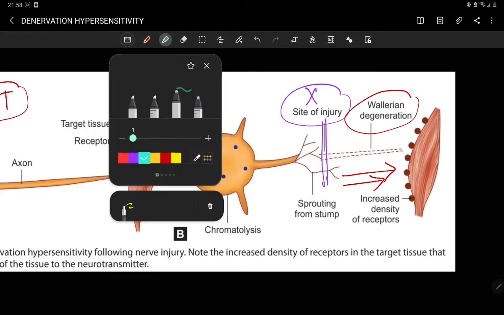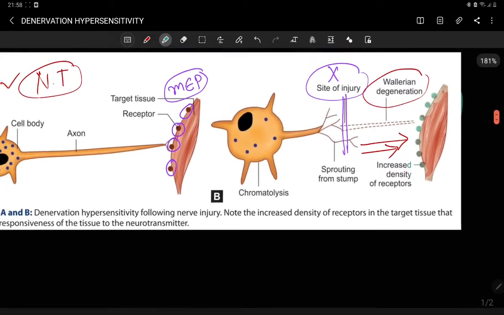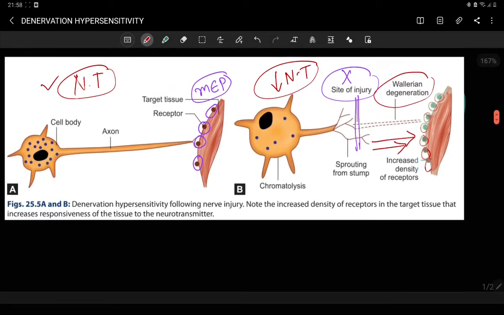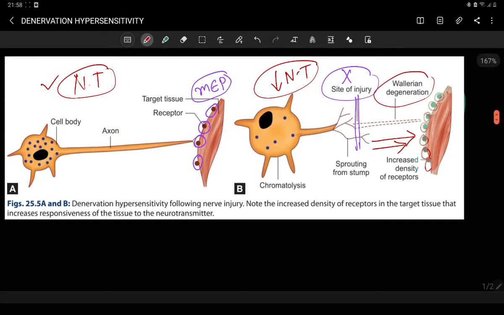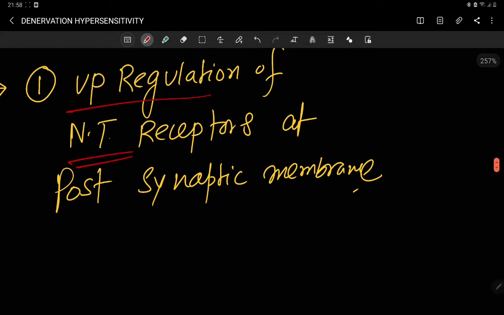You can appreciate now the number of neurotransmitter receptors is increased in the postsynaptic membrane. Due to reduced neurotransmitter, the number of receptors is increased. This is called upregulation of neurotransmitter receptors.